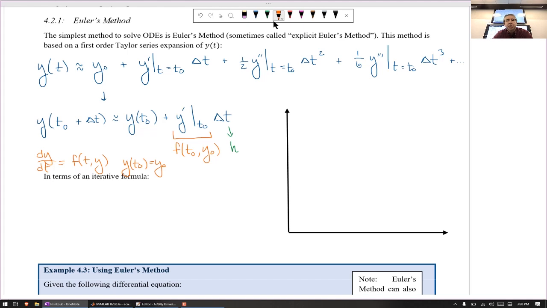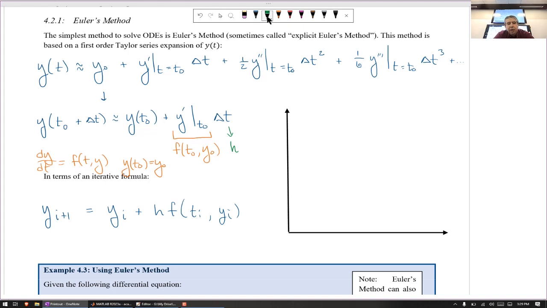So more generally, I could write y at some point i plus 1 is equal to y, let's say at our current point i, plus h times f of ti, comma, yi. That's a little bit more generalized.